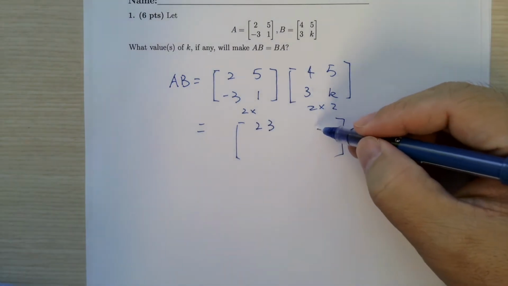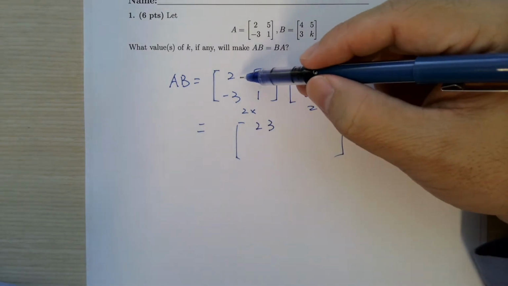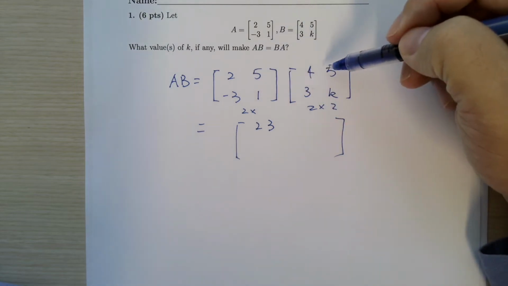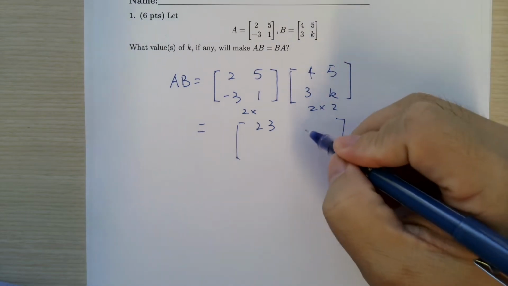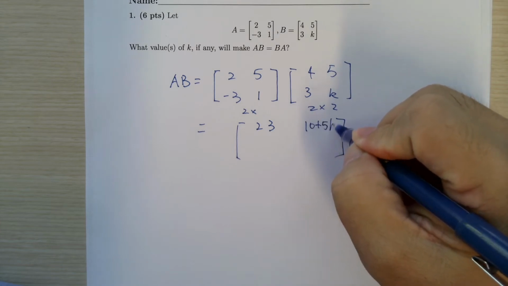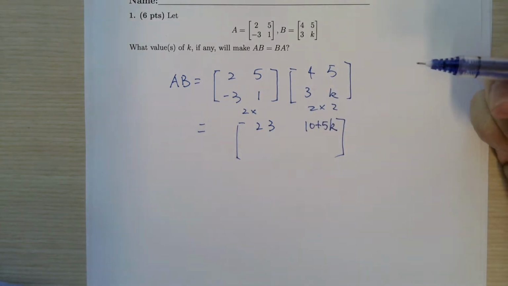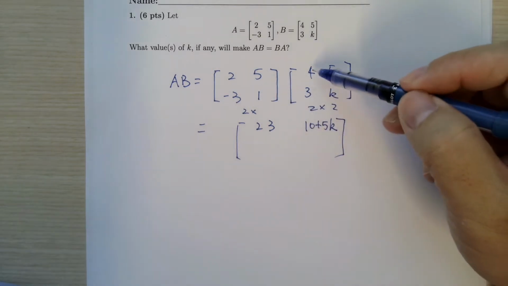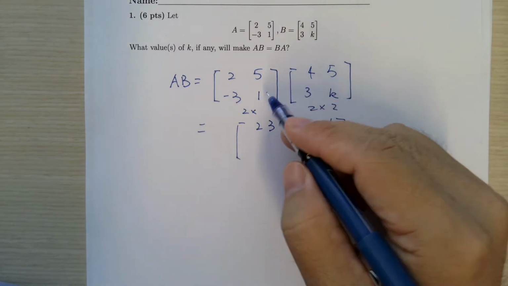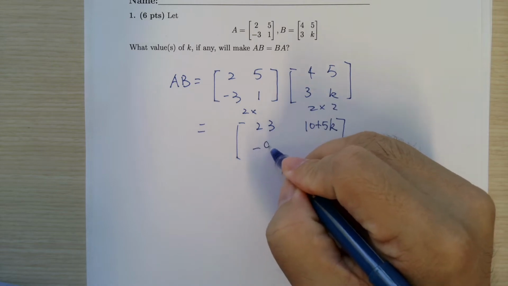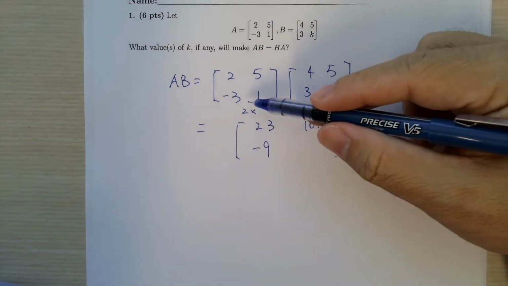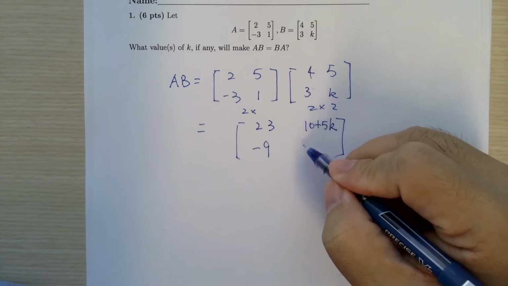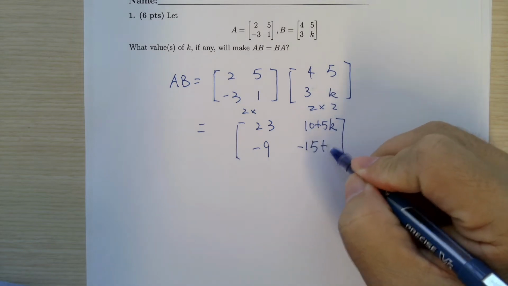Then a12, using first row, second column, it's going to be 10 plus 5k, right? And then we have a21, so it's negative 12 plus 3, so it's negative 9. And a22 is going to be negative 15, right? Plus k.